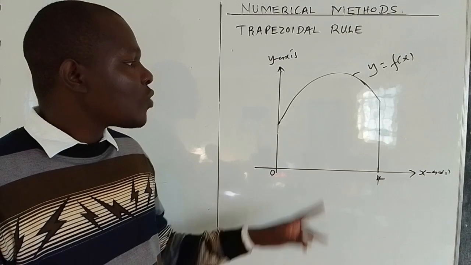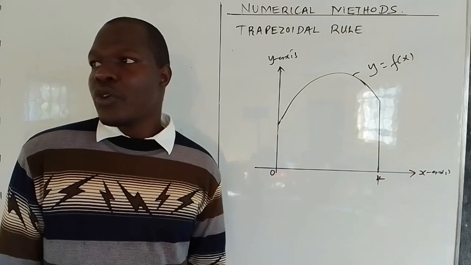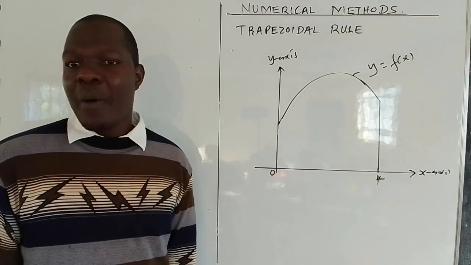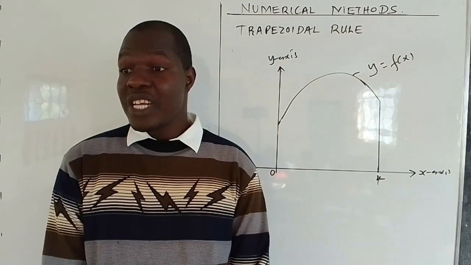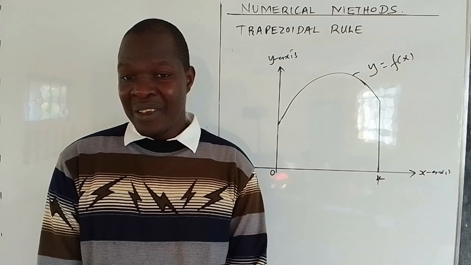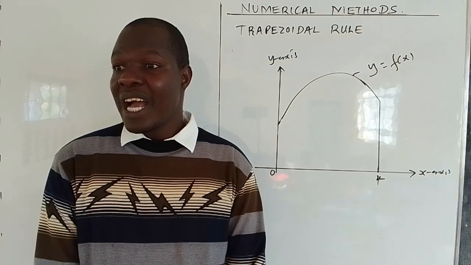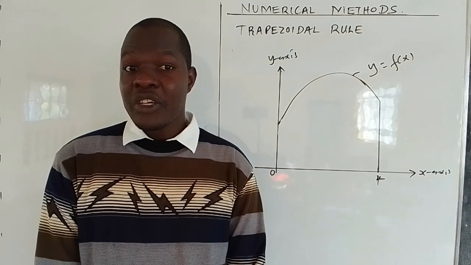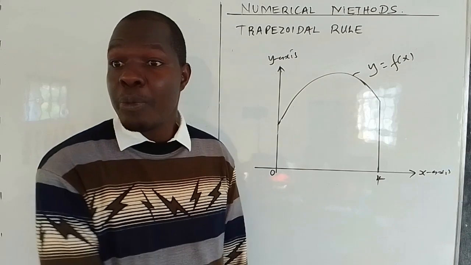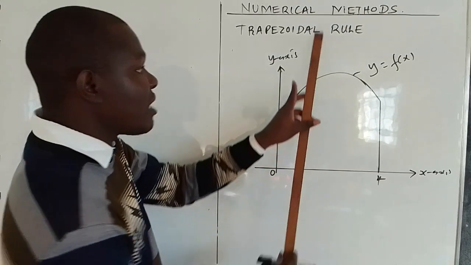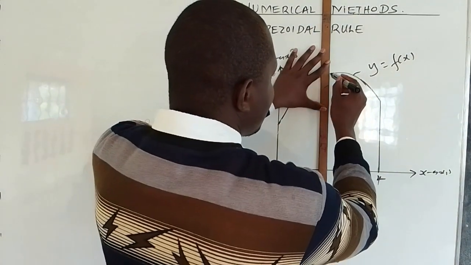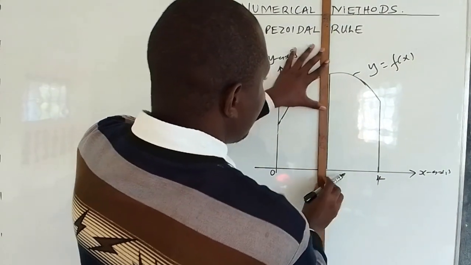If I want to approximate the area of this curve, maybe I want to divide it into 6 intervals. Those intervals must be equal, isn't it? When I talk of 6 intervals, I'm talking of 6 strips, because each strip or part has its own interval. So let us divide it into 6 intervals.